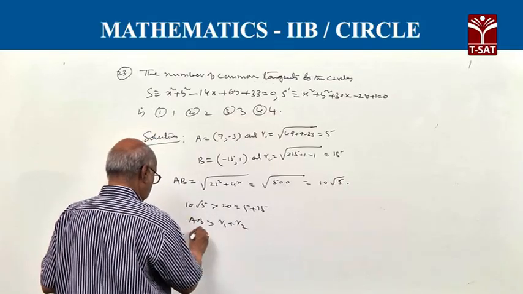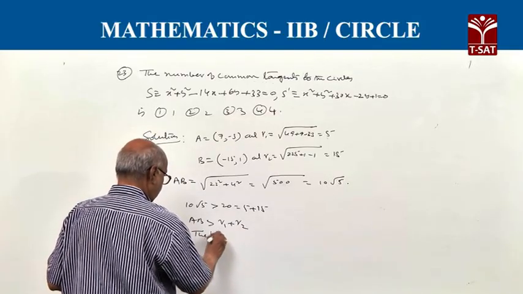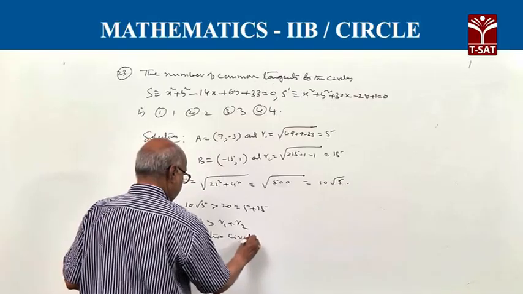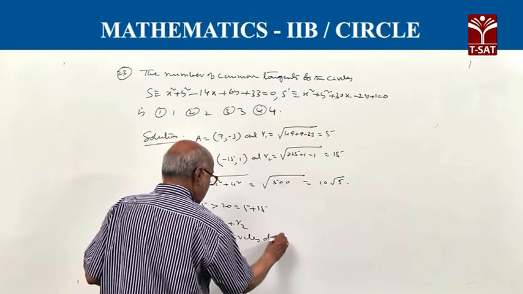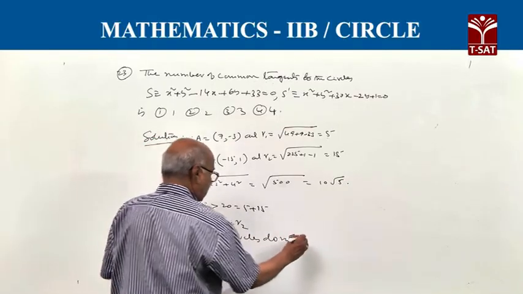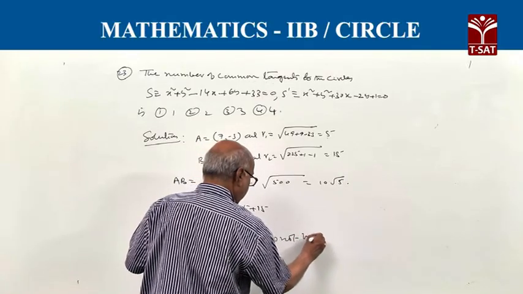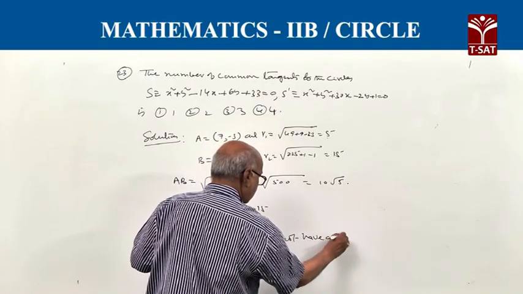So, therefore, the two circles do not intersect, do not have a common point.